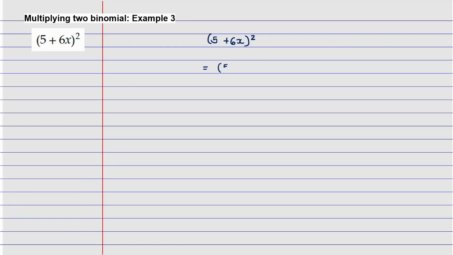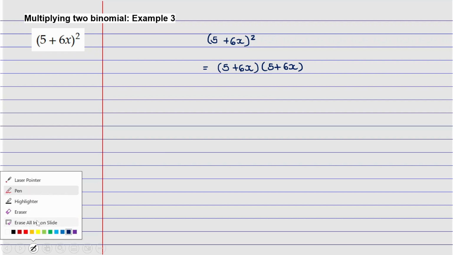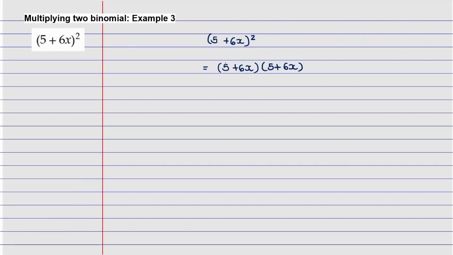So this is the same as 5 plus 6x. Then this is 5 plus 6x, right? So this is the same as what? As multiplying 2 binomial, right? So this is going to be 5 multiplying by each term in the other bracket. Then it's going to be the 6x multiplying by each term in the other bracket.